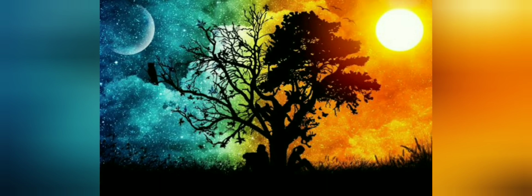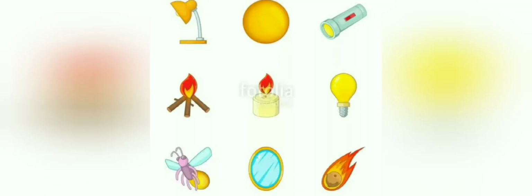Children, now we'll see about luminous and non-luminous objects. We'll start with the luminous objects first. Luminous objects means, children, objects which produce light, which give us light.